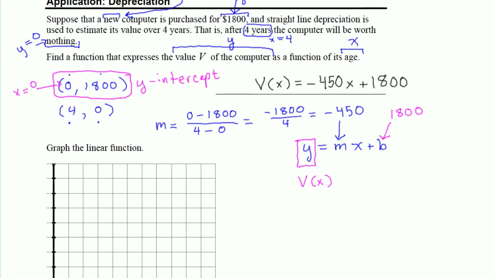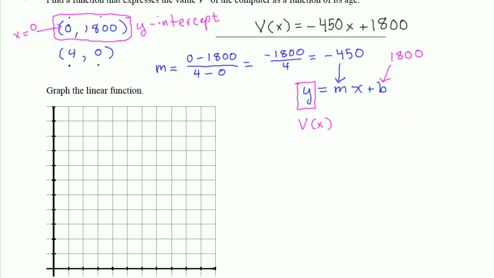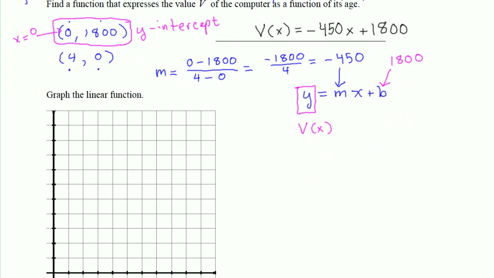In order to graph this, a lot of the work here is defining a reasonable scale. I know that I want to plot these two intercepts. I don't really even have to focus on the equation. I can just use these 2 points here to graph the function. So I know that I want to be able to get up to 1800 on my y-axis. I need to define a scale that's going to allow me to get up to 1800, but that is going to use as much of this y-axis as possible.